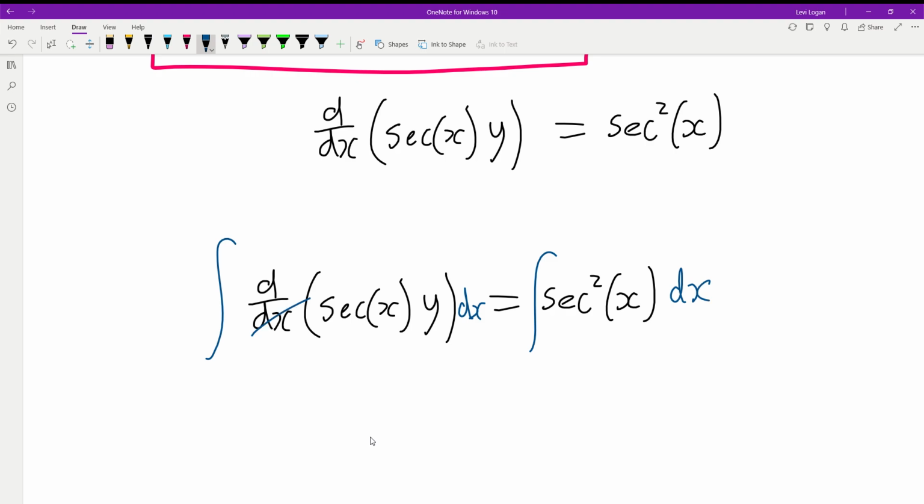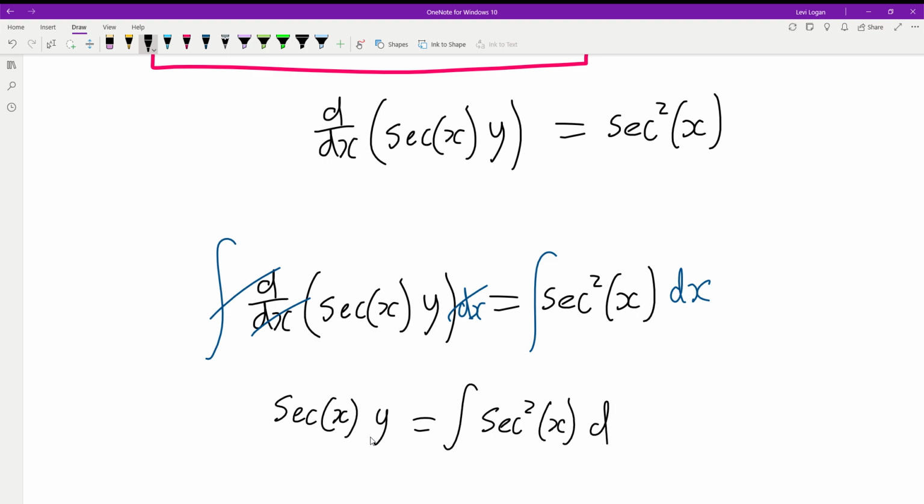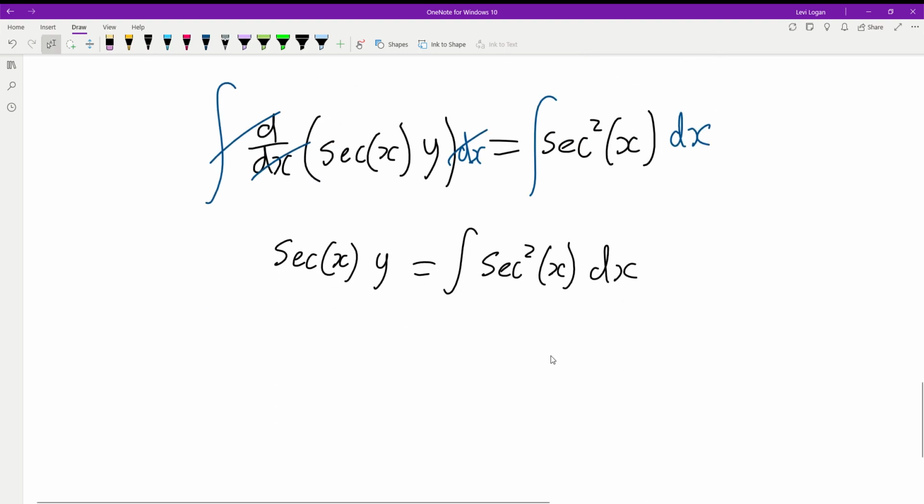This cancels out the operator overall. So what we're left with on the left hand side is sec x times y equals the integral of sec squared x dx. Now, the integral of sec squared x dx is tan x. So tan x here, and then we have to include a plus c to account for any number that could have been on that side.